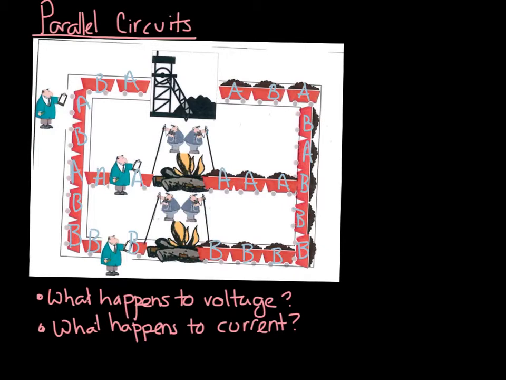Now, if I've got a current here of, let's say, 1 amp, which would be 1 coulomb per second, and if I've got a current here of 1 coulomb per second, then it makes sense that when those two join together at this junction, here I'll have a current of 2 coulombs per second, so 2 amps. So in a parallel circuit, the total current flowing into and out of the cell is split between the different branches.